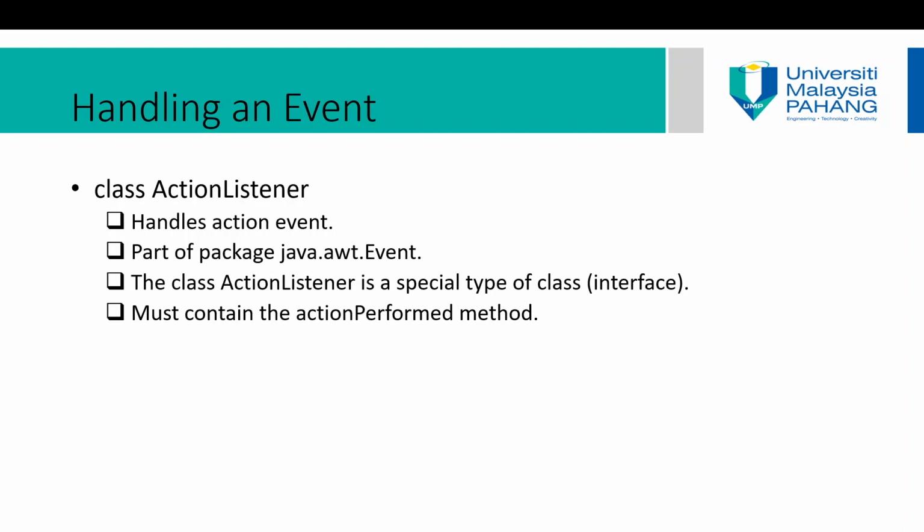When we want to manipulate the methods of ActionListener, we normally call the actionPerformed method. There is an actionPerformed method based on the controls or the object, where we can modify the coding inside the actionPerformed method.